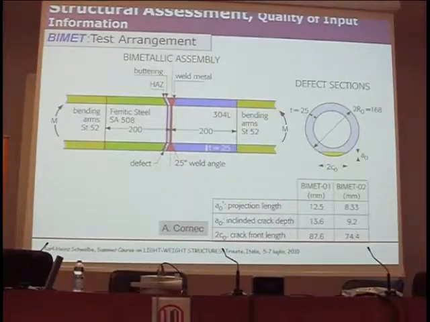Alfred Cornec again. We didn't do any tests; we were responsible for the analysis. So we organized the analysis, our own and the analysis of other people. And here you see the test setup. The diameter here is 170 millimeters, relatively thick wall. Here we have a ferritic steel and austenitic steel.